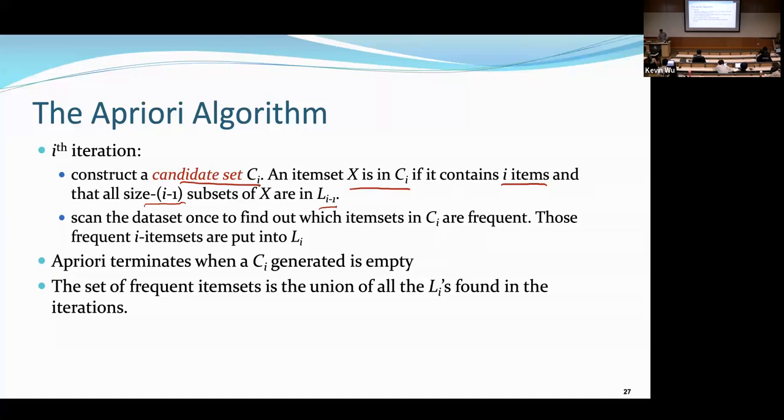Once Ci is prepared, the algorithm scans the data set one more time to see which item sets in Ci are actually frequent. Those that are frequent are put into Li, the set of all frequent i item sets. The algorithm terminates when, during an iteration, the candidate set generated, namely Ci, is empty. The set of all frequent item sets is the union of all the Li's discovered throughout all the iterations. Basically, that's the structure.